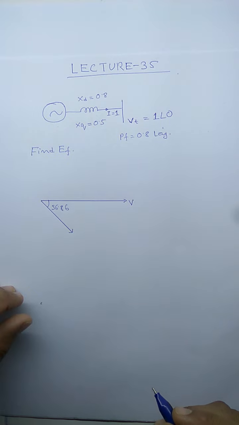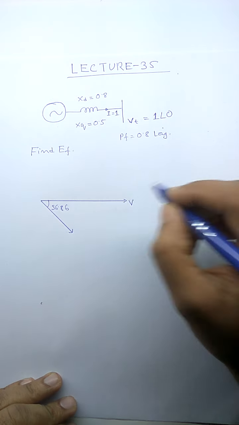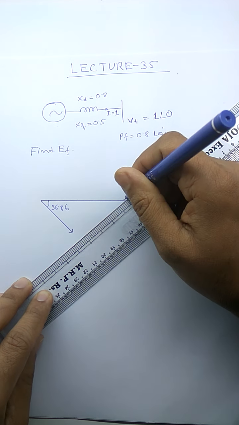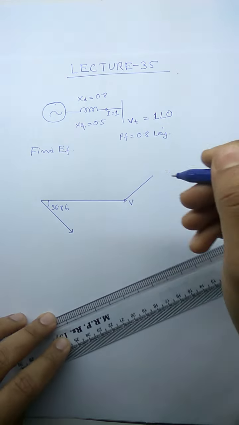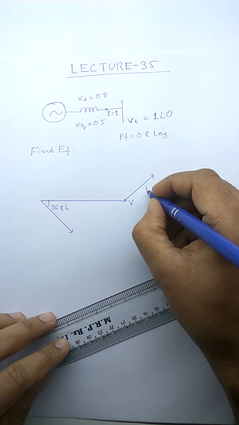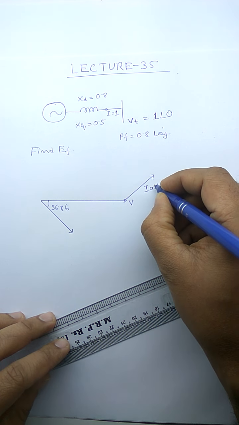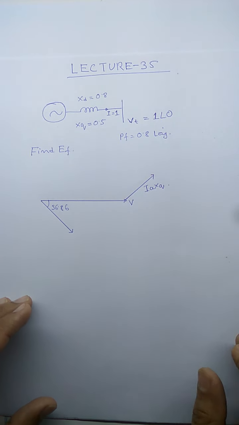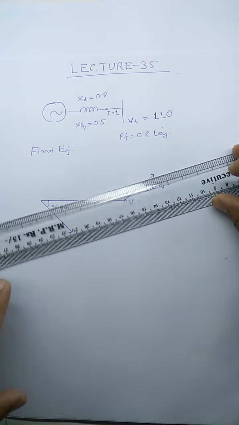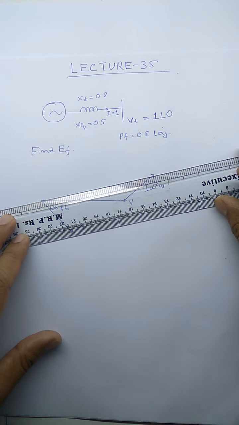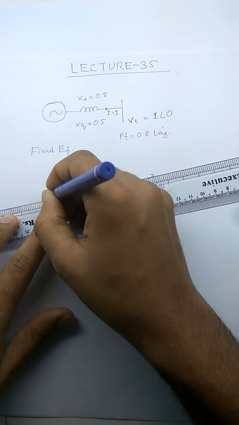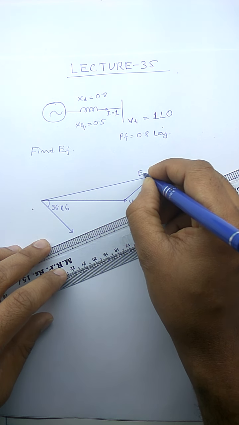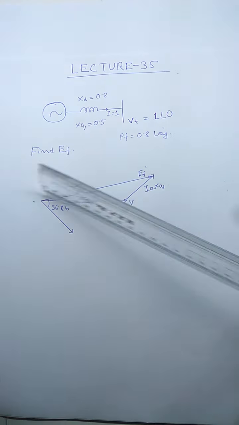that is 36.86 degrees. Now from the tip of V, we will first draw IAXQ. You can refer to the last lecture. If we add V plus IAXQ, we get E dash.